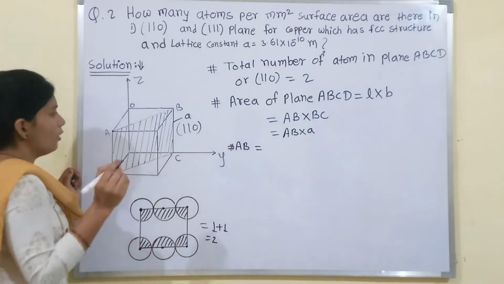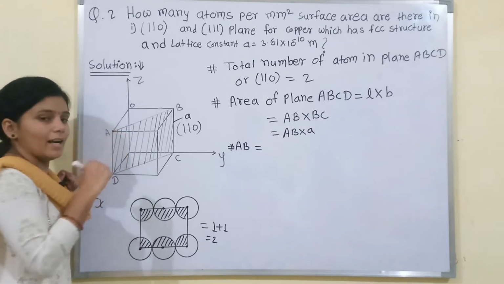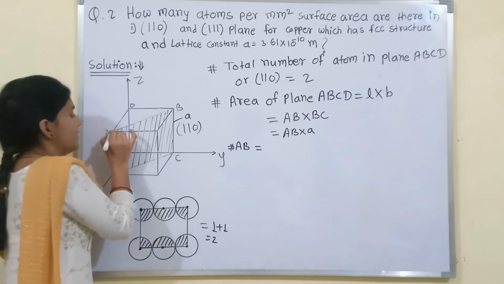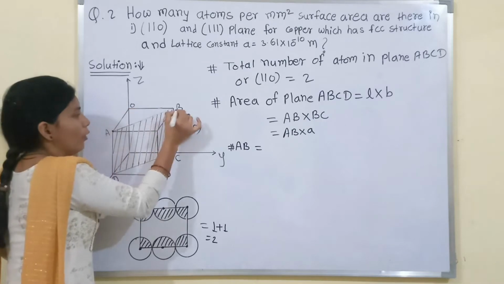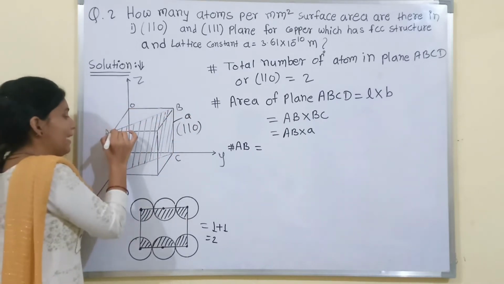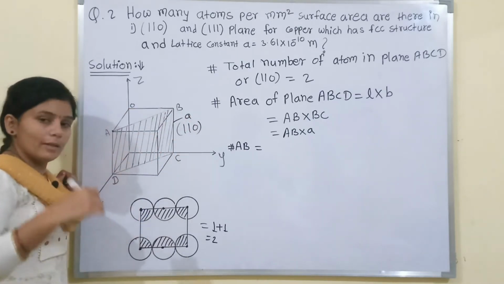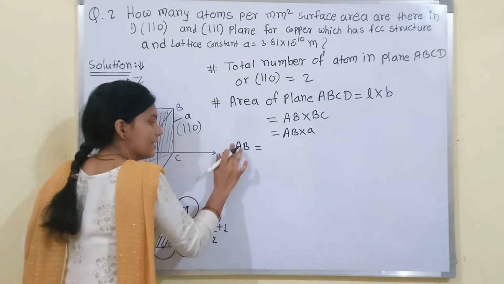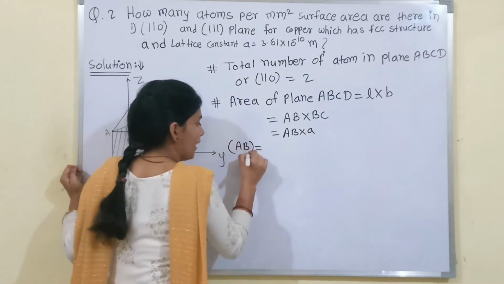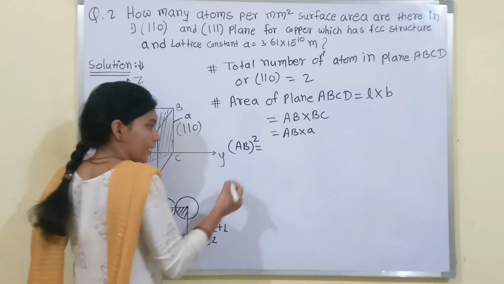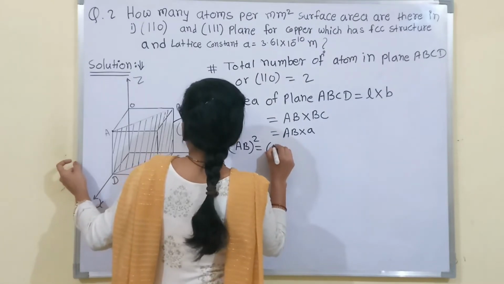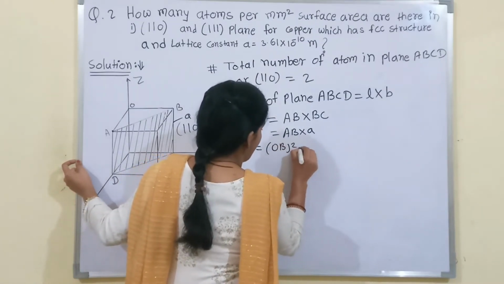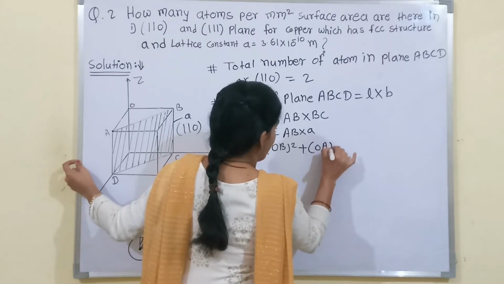We will see here there is another triangle, which is the right angle triangle AOB. In right angle triangle AOB, from the Pythagoras theorem we can calculate AB square, that means hypotenuse square, is equal to OB square plus OA square.